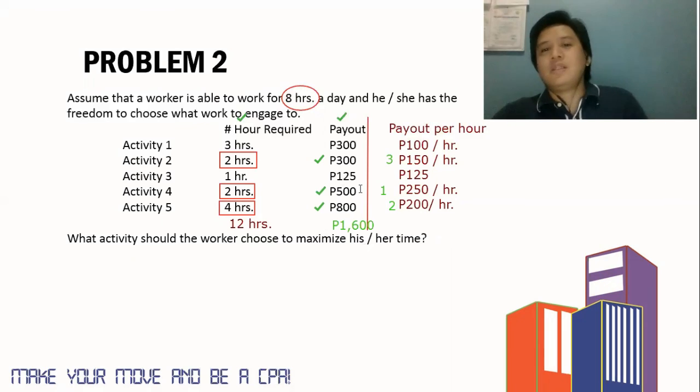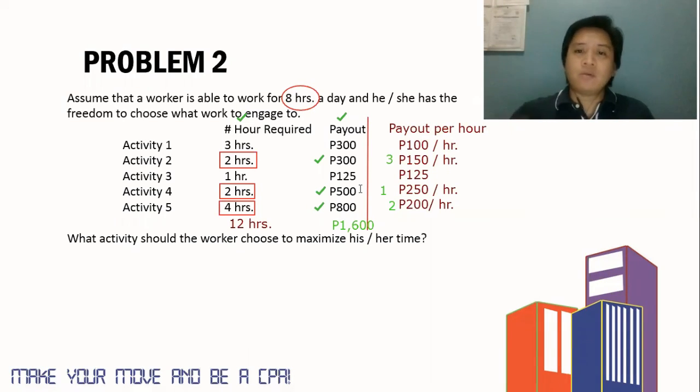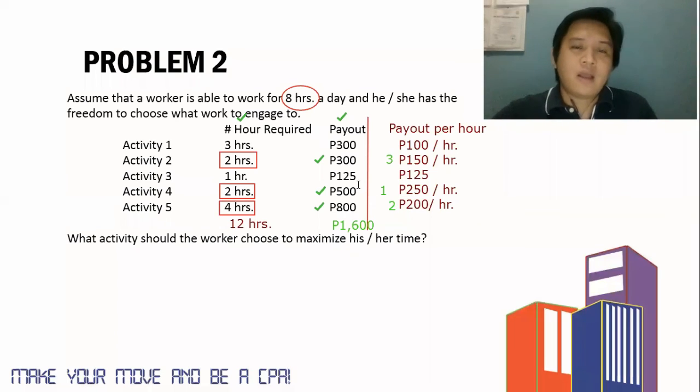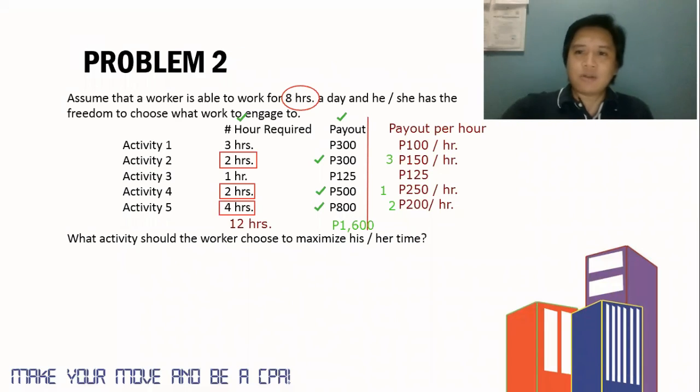Okay? That is how you deal with constraint. You try to put on amount so that you would know what to prioritize and what would be given less priority.